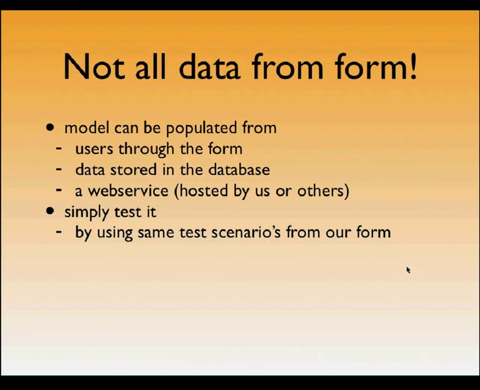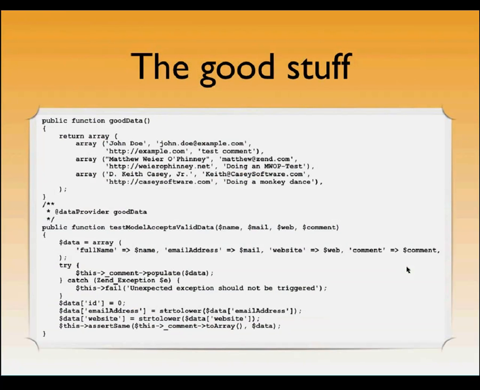And we use the same approach as we had with our forms. So first it goes in the good stuff. We have good data. We test the model accepts the valid data. Again, the same approach as we have with our form.